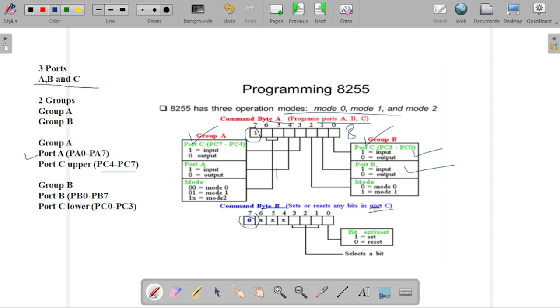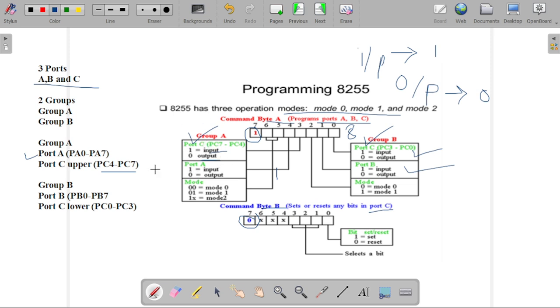Whenever you are drawing this diagram, you have to remember there are two operations, input and output. For the input operation we write 1, and output is considered as 0. Check in this diagram: input is considered as 1 and output is considered as 0.